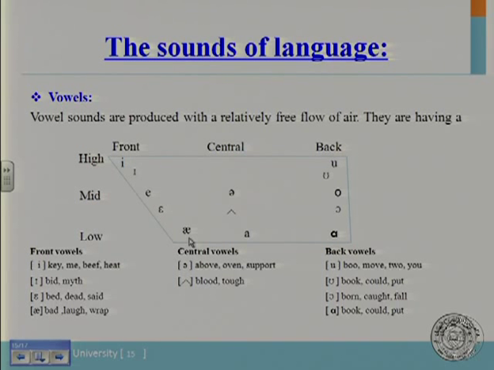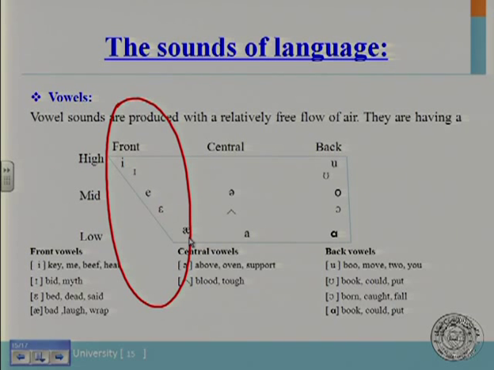The following vowels are called front vowels because they are in the front portion of your mouth. The second group is called central.